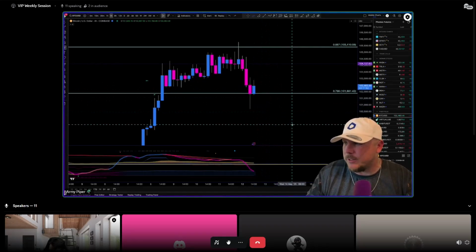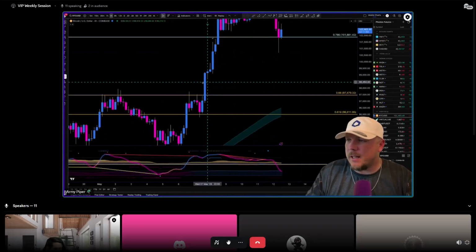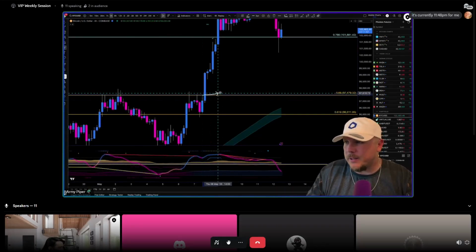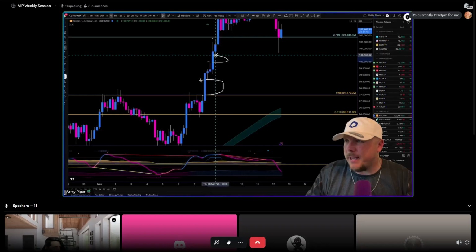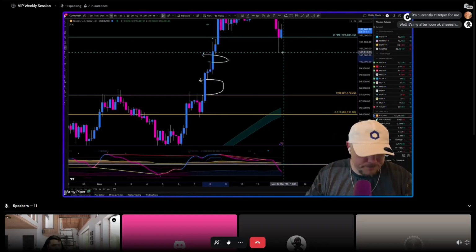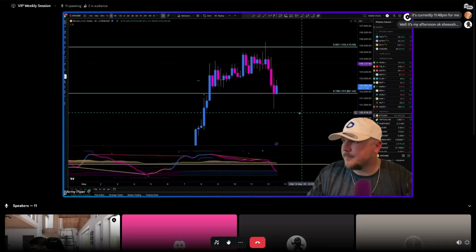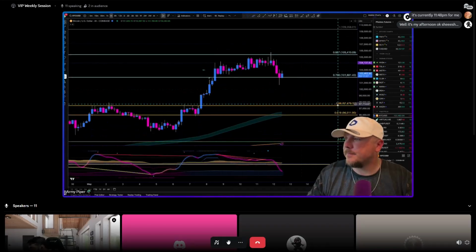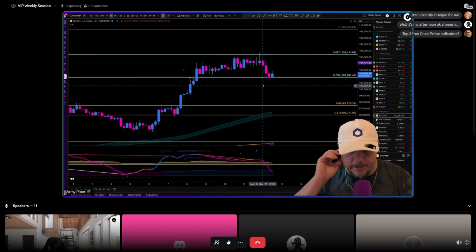If we break below this and reject, then we could be looking at a lot of fair value gaps down here. Fair value gap there, fair value gap there. So a lot of fair value gaps for this thing to push through. But yeah, 786 holding for right now.